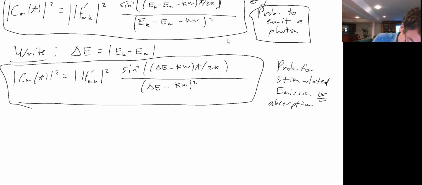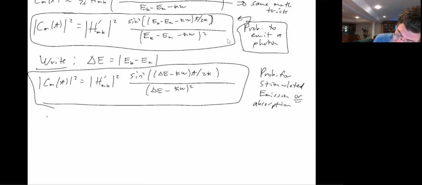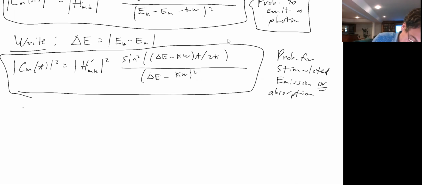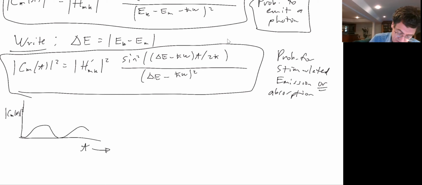And of course, we can plot this function. We can plot it the same as we did before, as a function of time, in which case we see that it's a sine squared function. Just like before, we see that it oscillates.